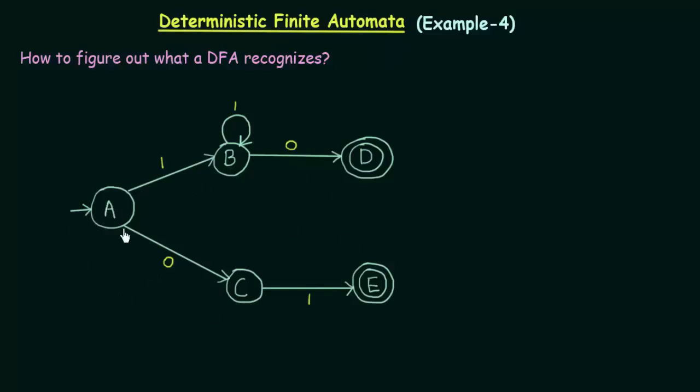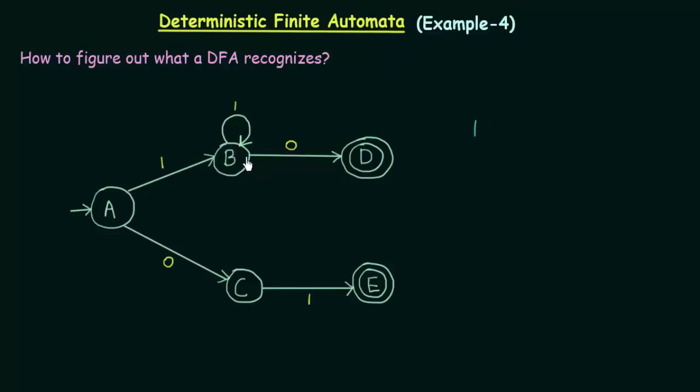We see that we have a starting state here, which is A, and A on getting input 1 goes this way, and A on getting input 0 goes this way. So let's find out what kind of strings it accepts. First we are in state A, and on getting input 1, it goes to state B. In state B, it could get input 1 or 0.